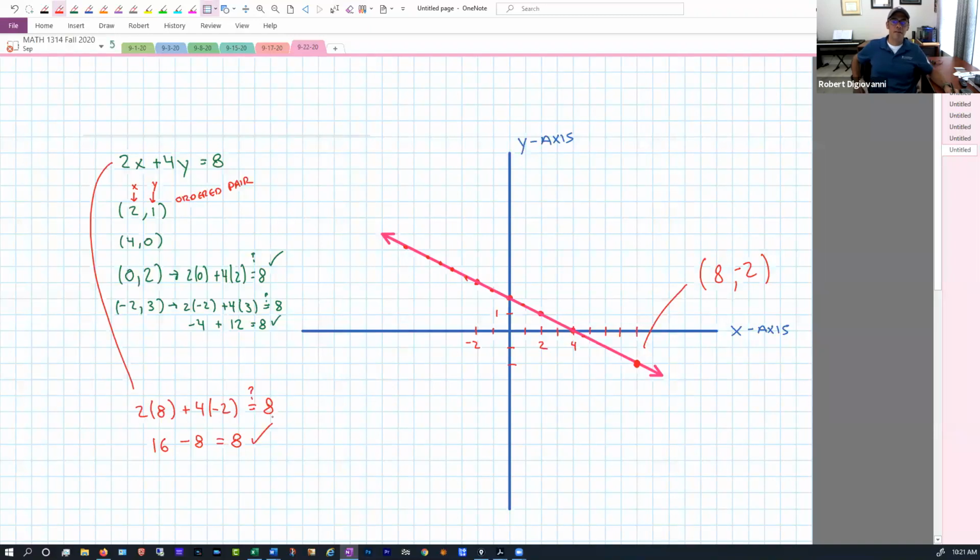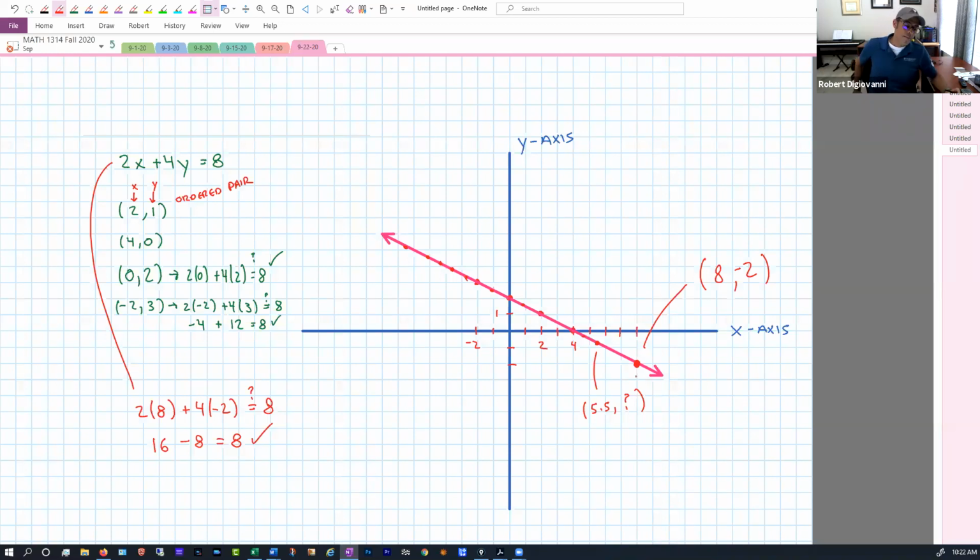Yeah, that's 8. So every single point, now that means you could even pick points that were fractions and decimals. Like that point would be like 5.5, and I don't know what the Y would be, but every point on a solid line, all infinitely many points, now represent all the answers.